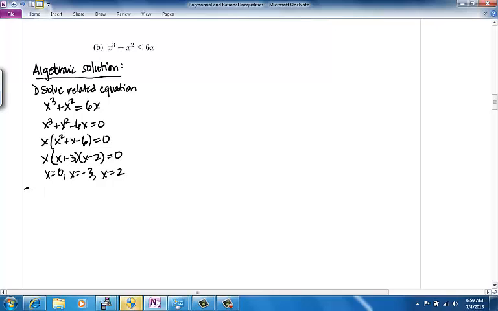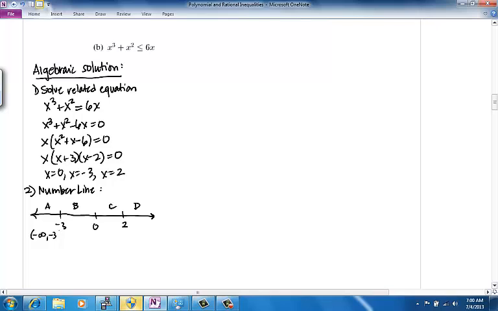Then we create a number line with those values in the correct order. So we want -3, and then 0, and then 2, which gives us now 4 intervals. If I write each interval underneath, I would have -infinity to -3.